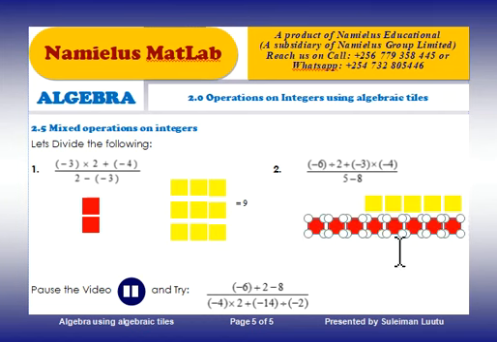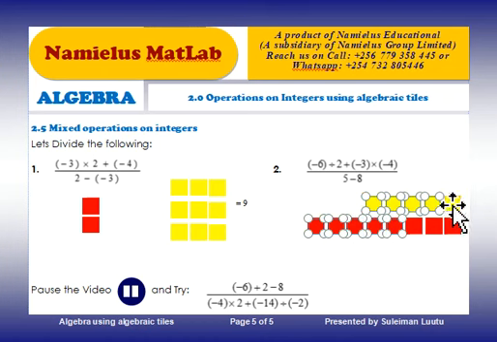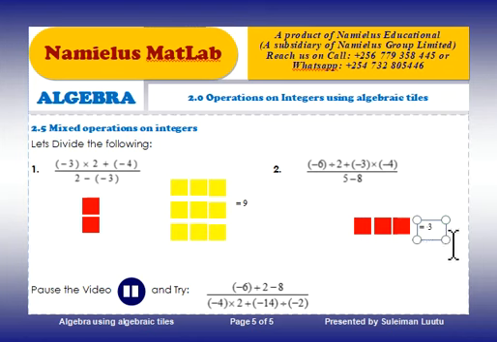So we say this and this, this and this, this and this cancel. So what do we remain with? We remain with negative 3 for the denominator. So this is our numerator, and then this is our denominator.